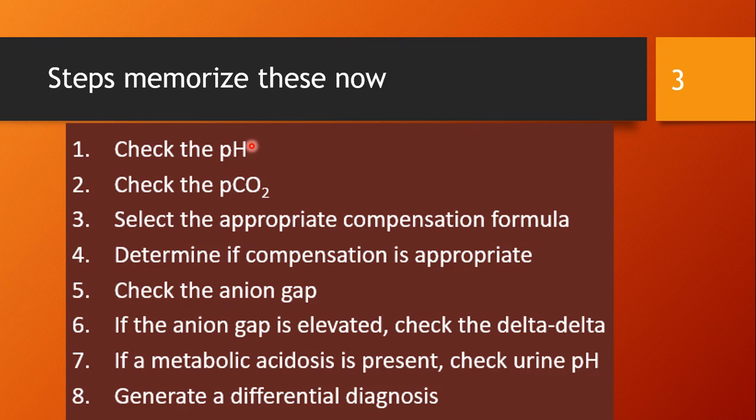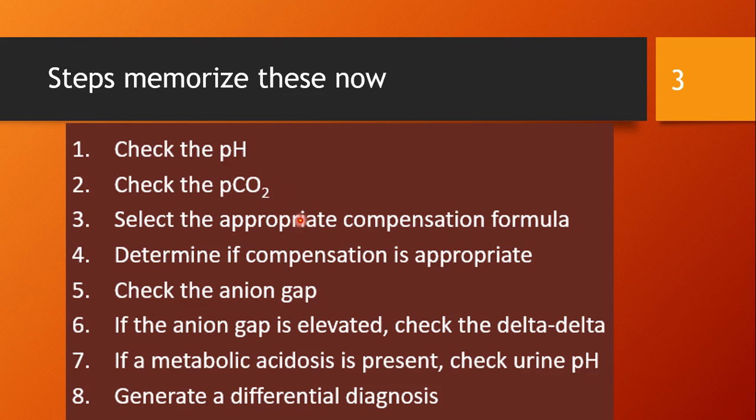So it has to have the word acid in it if it's less than 7.35: acidosis. Next, you check the CO2. CO2 is going to tell you whether you are respiratory or metabolic in a lot of this kind of stuff. So we'll go through that in a second.